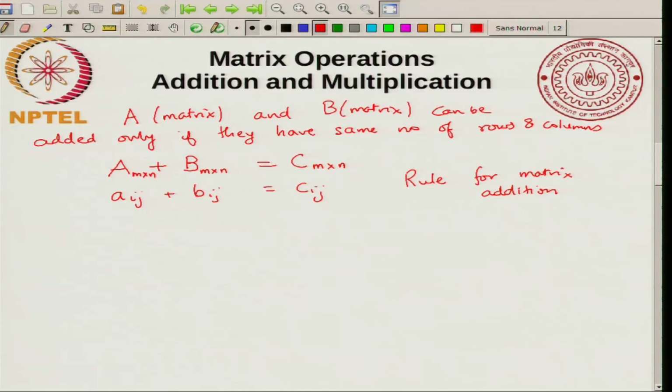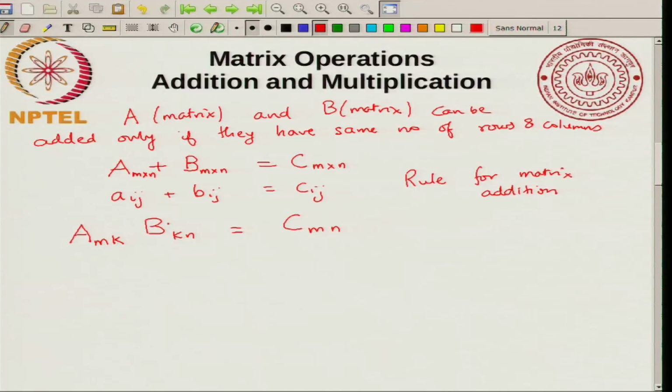Okay. What about multiplication? In multiplication, you can multiply an m by k matrix with a k by n matrix to get an m by n matrix. So, you can multiply two matrices only if the number of columns of the first matrix is equal to the number of rows of the second matrix.